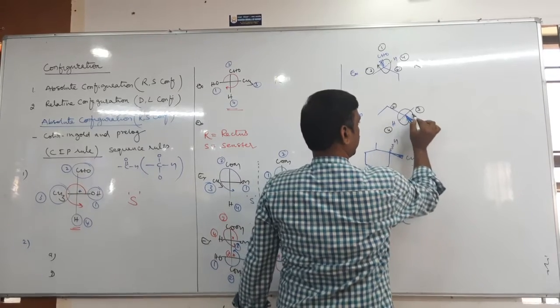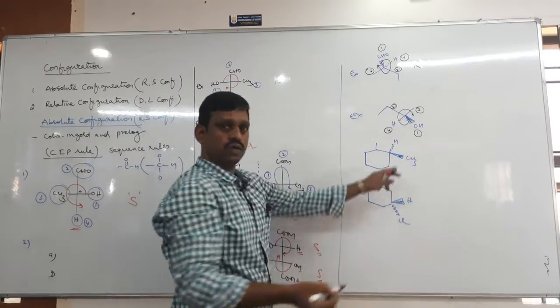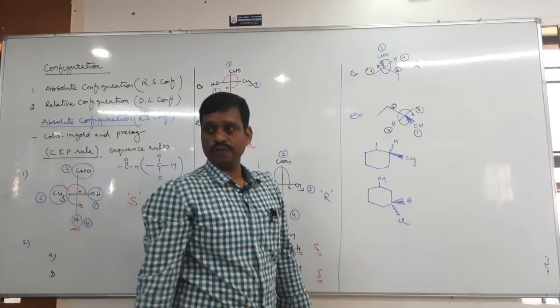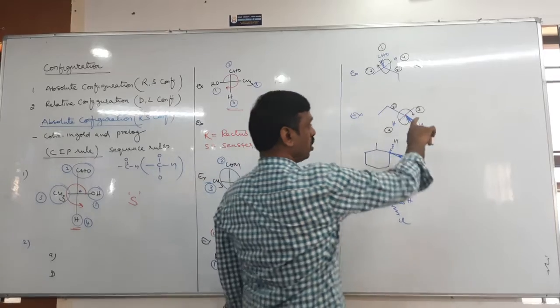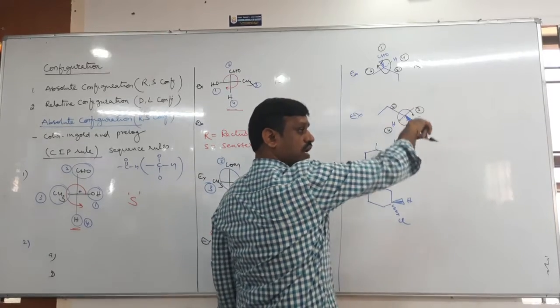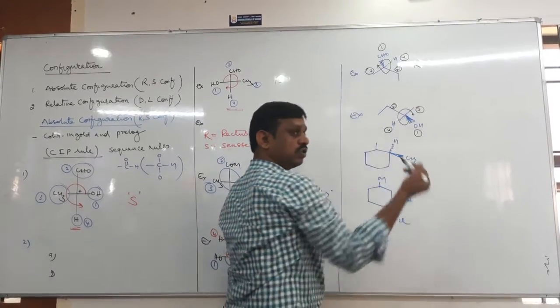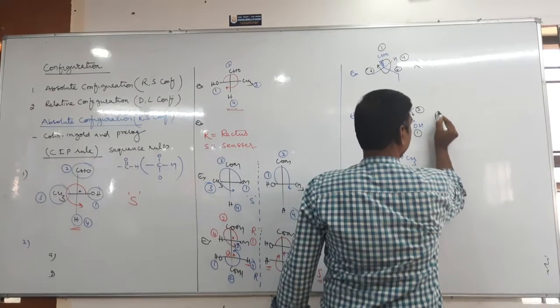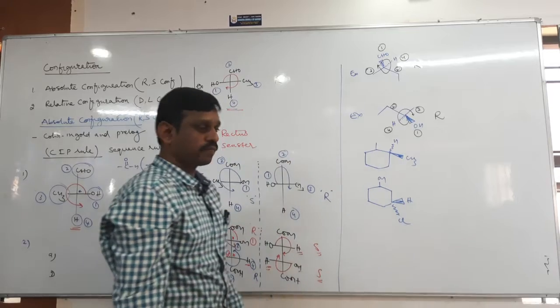Again 1, 2, 3. You need not take the fourth priority group, just connect 1, 2, 3 and neglect 4. It is again clockwise, and the fourth priority group is away from the observer, that is R. So clockwise is R.